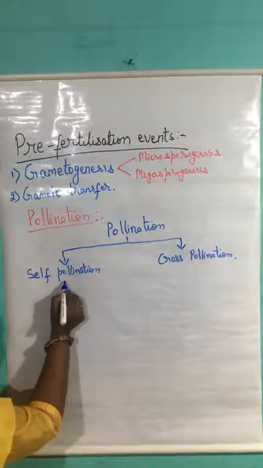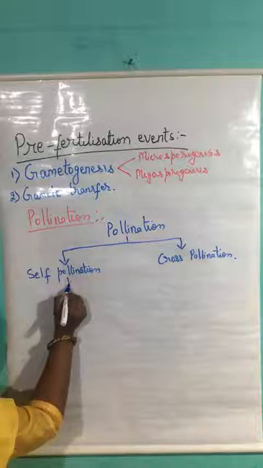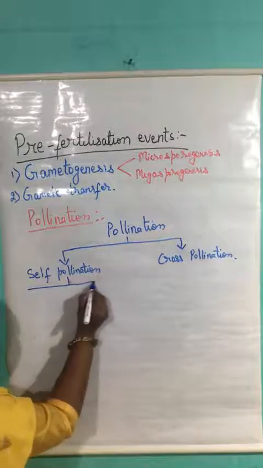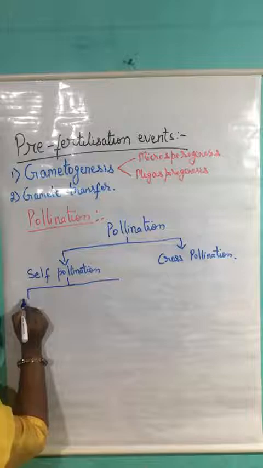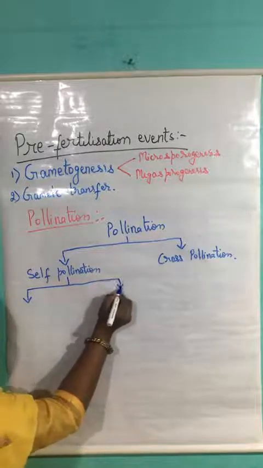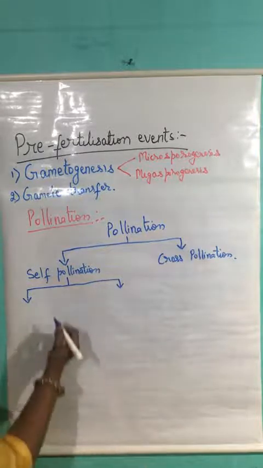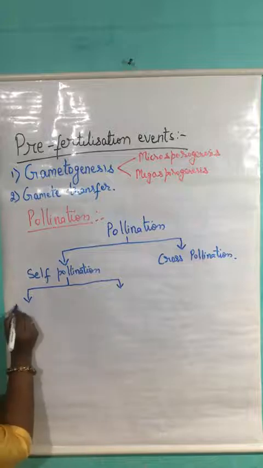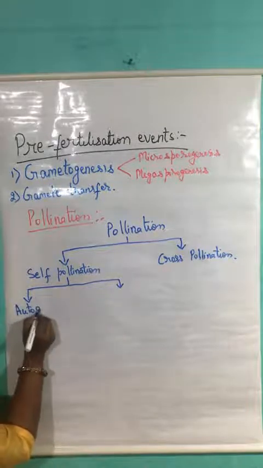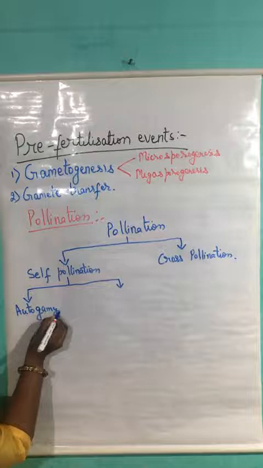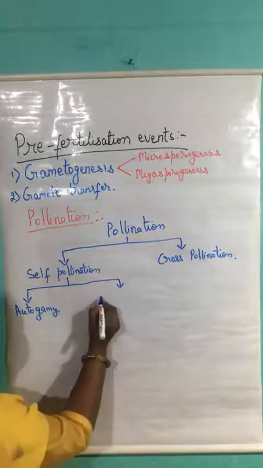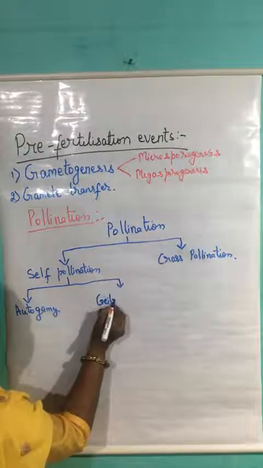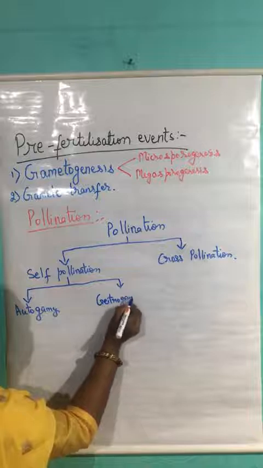Now, this self-pollination can further be classified into two types. Number one is autogamy and the second type is geitonogamy.